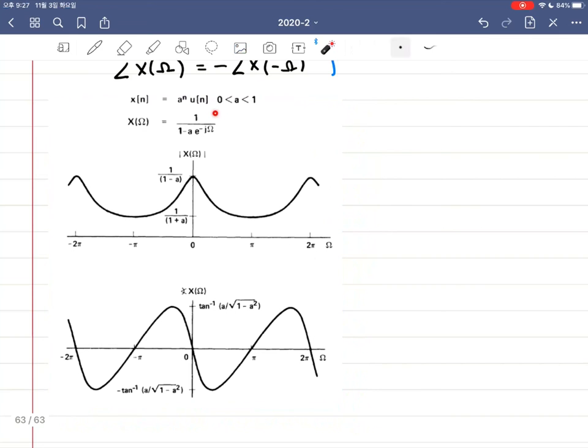So remember this example that we just did. If you obtain the Fourier transform, then you get this function.